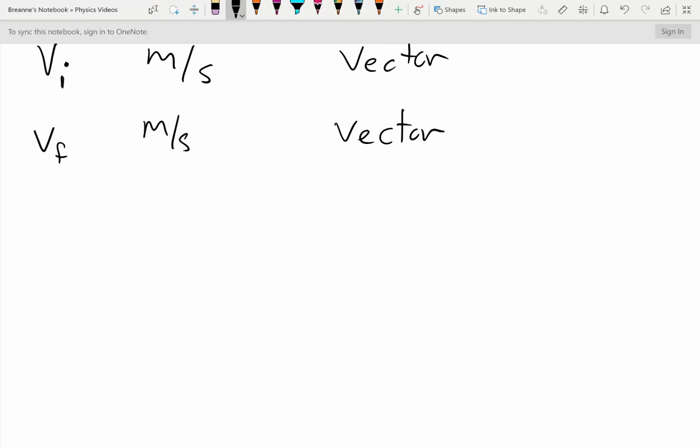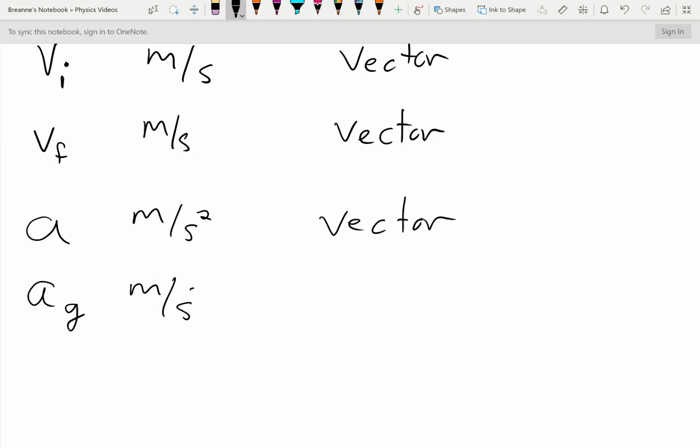And we have acceleration. A is represented by acceleration. It is in meters per second squared, and acceleration is a vector. We can get a little bit more specific and have acceleration in the y direction, or acceleration due to gravity.